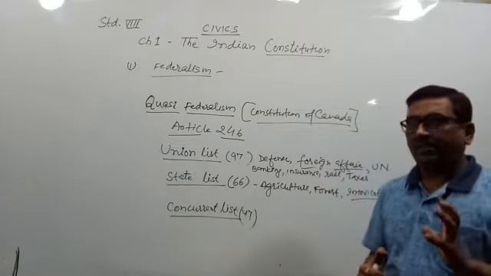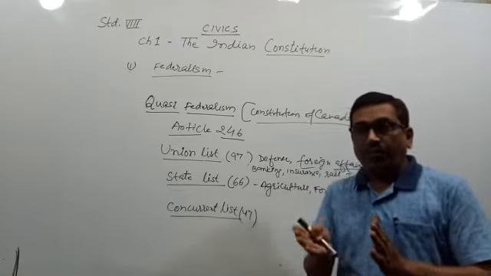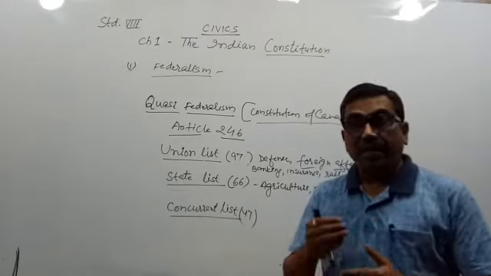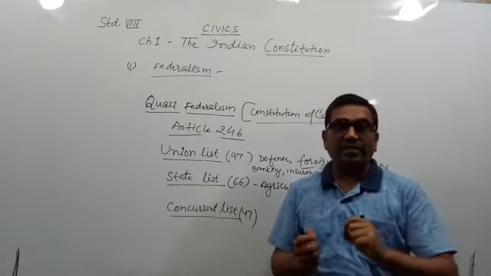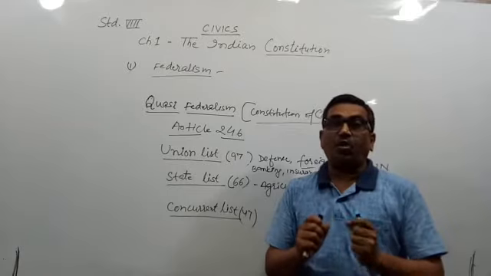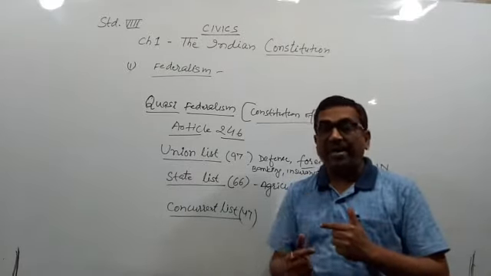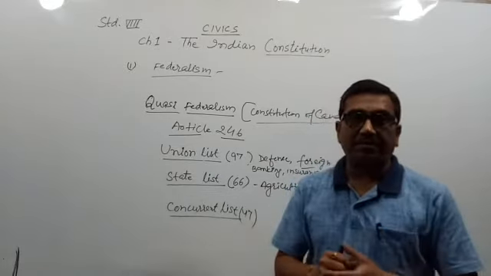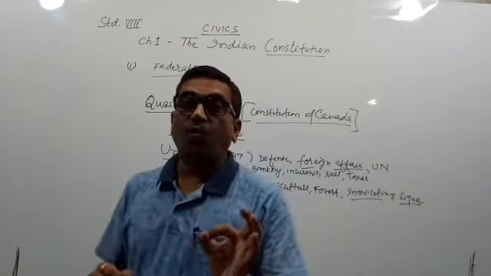Suppose you ask, if both make the law, then what will happen? If both the center and the state government have made the law on the same subject, then the law made by the central government would be applicable.